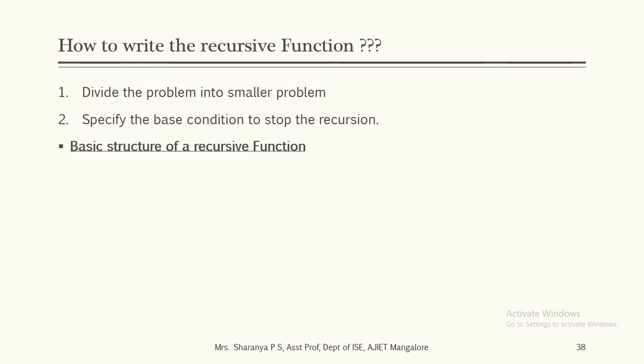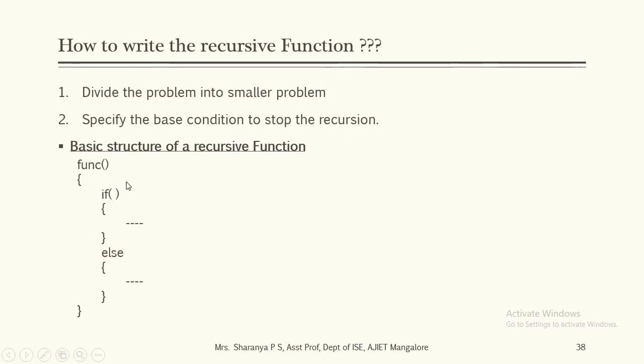If we look into the basic structure, how we write a recursive function, we can say it is a template. First, we write the function name, and normally we mention an if and an else block inside this function. In the if, we specify the termination condition, which we call the base condition, to stop the recursion.